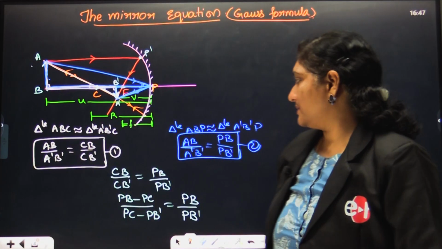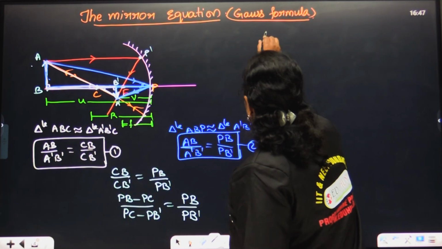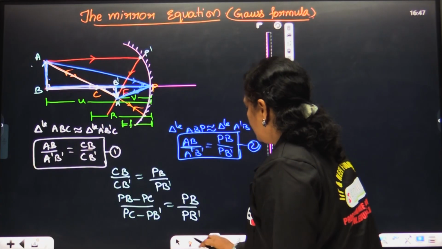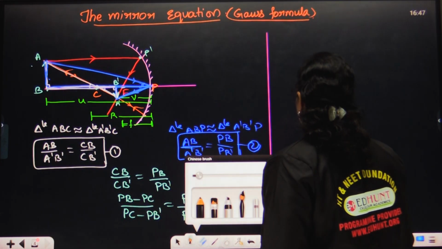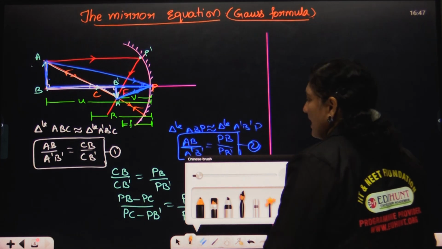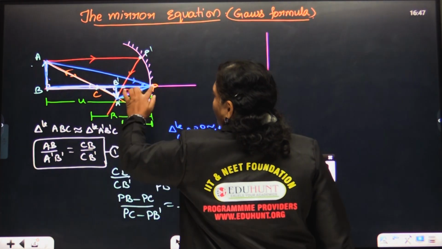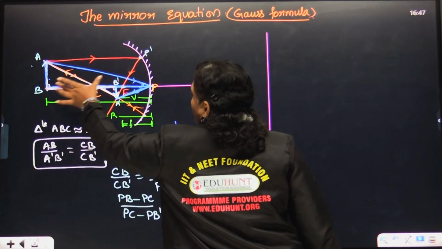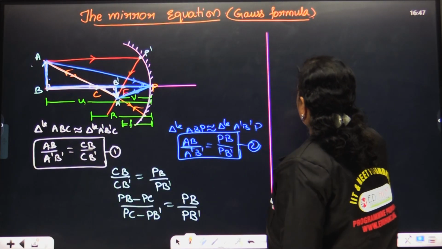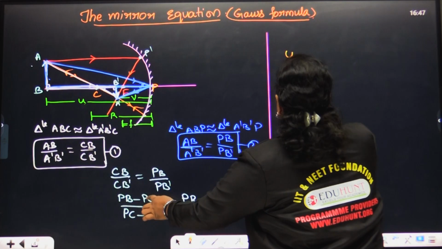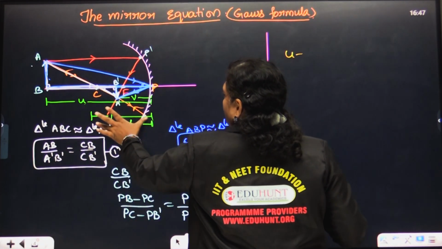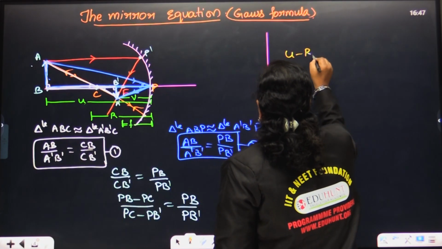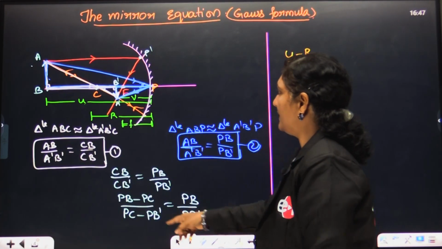Once the equation is clear, let us substitute their values carefully. So what we can conclude is, substituting all the values. The value of PB, where is PB? From here to here. The total length PB is written as U minus PC. PC means from here to here. This portion itself is called the radius of curvature R upon PC.